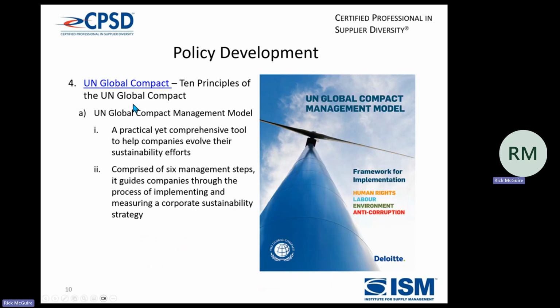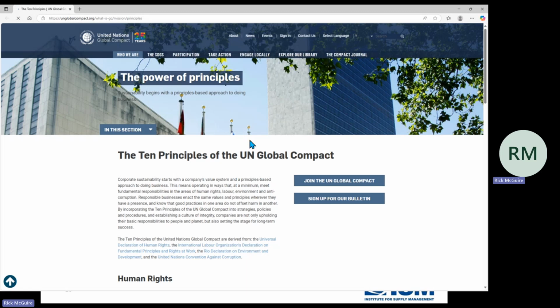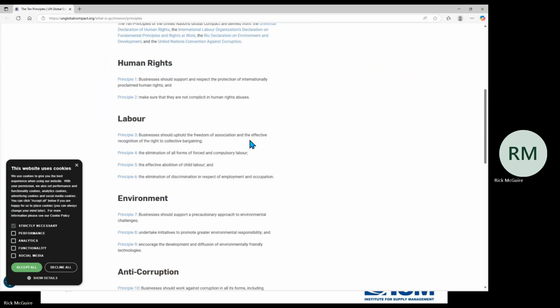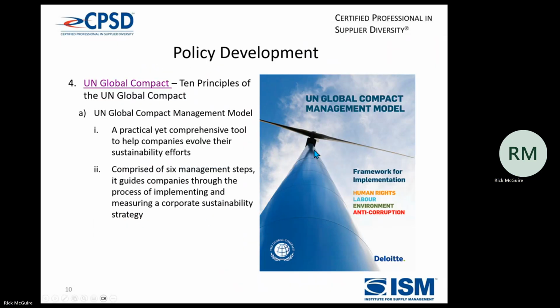10 principles of the UN Global Compact, and they are here. So it's in a number of areas. Human rights is 1 and 2, labor 3 through 6, environment 7 through 9, and anti-corruption 10. Practical yet comprehensive tool to help companies evolve their sustainability efforts. 6 management steps.